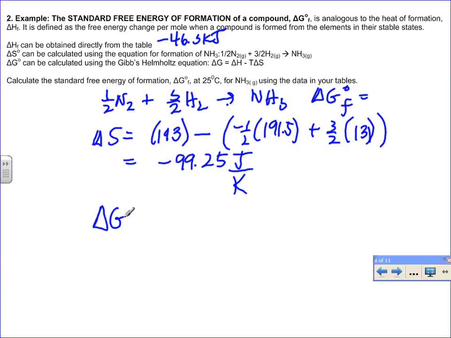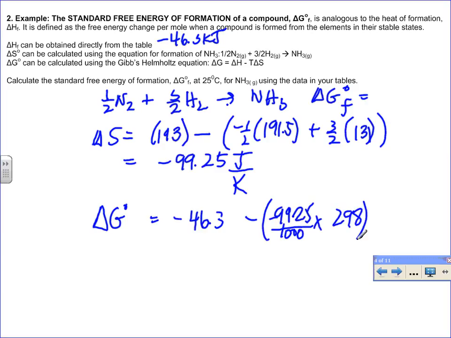So now we've got our delta H and our delta S, so we can calculate our delta G. Okay, this time I'm putting it into the equation by dividing by 1,000. You can do it before or when you put it in, it doesn't matter.